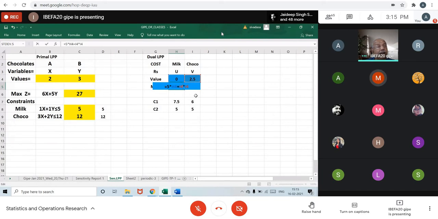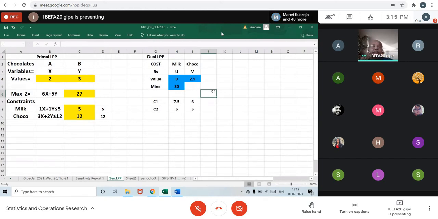Sir, it should be 6, no? 12. Yes, 30. So the cost involved to produce the biscuits will be 30, and the profit you are getting is 27.